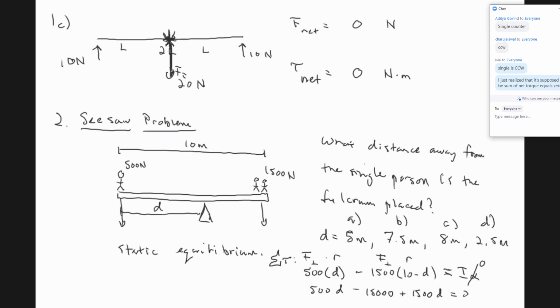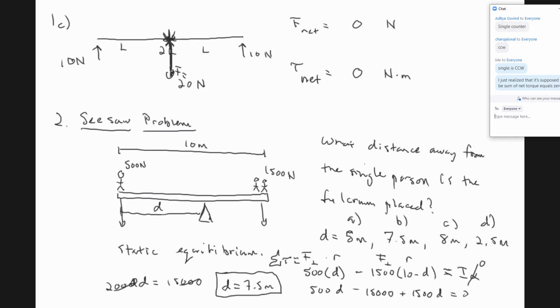I just substituted in for the equation. So you end up with 2000D is equal to 15,000. Divide out the thousands. What's 15 divided by 2? 7.5 meters. For those who got that, very good job.